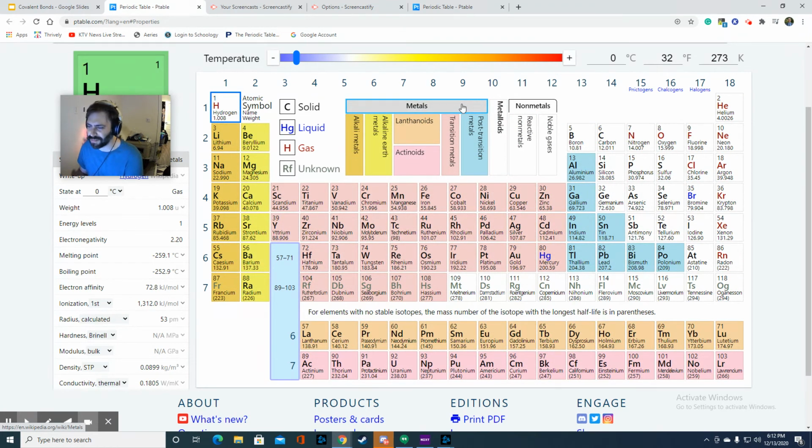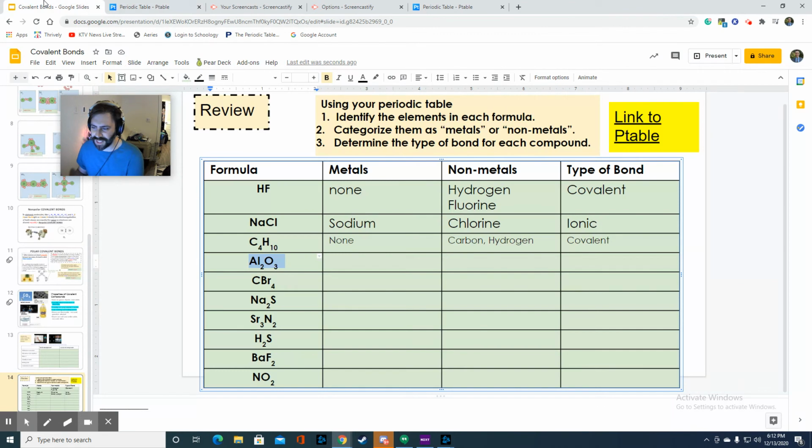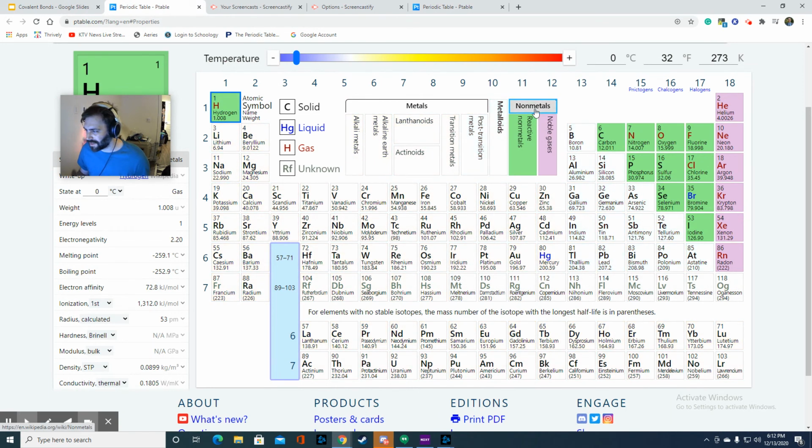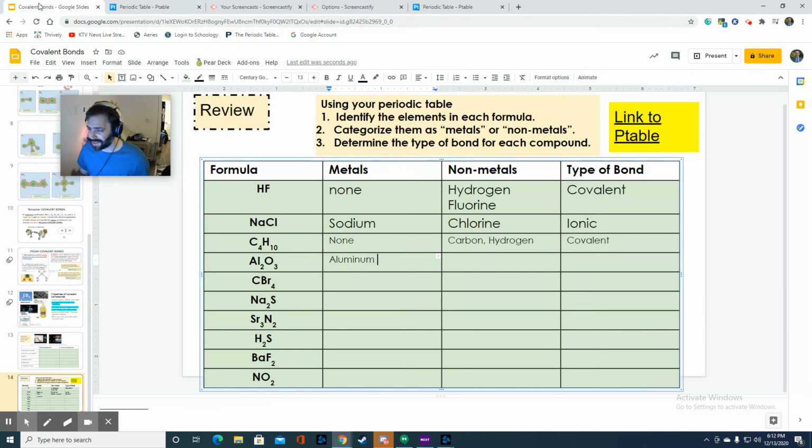Aluminum is lit up, so it's a metal. Is oxygen a metal? Let's find out. Oxygen's lit up if I put my mouse over nonmetals, so oxygen is a nonmetal.